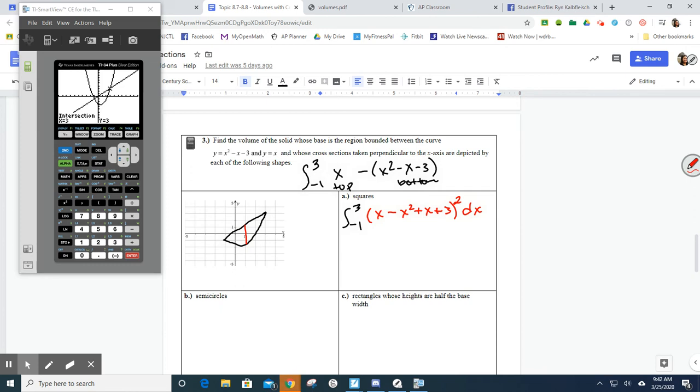Now, I'd be daggone if I'm going to do that and not come over here and hit alpha window, f, an integral. Oh, crap. I hate it when I do that. Let me get out here. Alpha window, number 4, from -1 to 3.